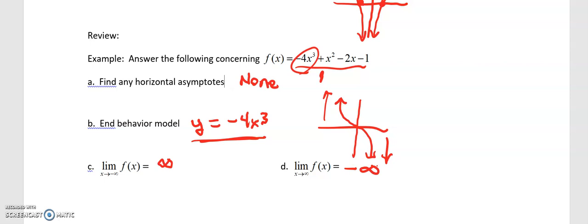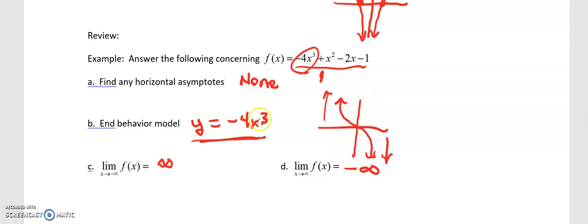When you're looking at end behavior models, there are really only 4 ways this can go. If you have a negative in front, this cubic goes like this. If this is an odd power, like a third, a fifth, or a seventh, it would graph pretty much the same way on the ends. If this was positive 4x cubed, the graph would go like that, in the other direction.